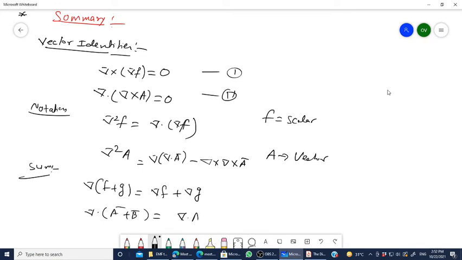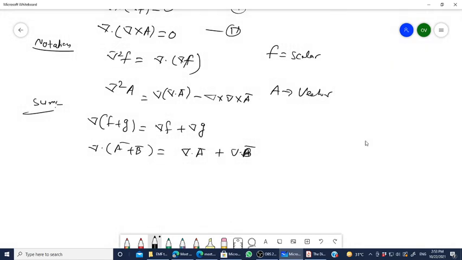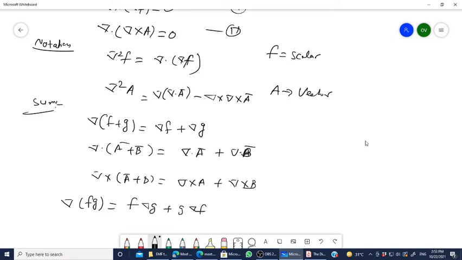If you take the cross product, then we can apply the cumulative property on both. If it is the dot product, sorry, then by the chain rule, f gradient g plus g gradient f, very easy.